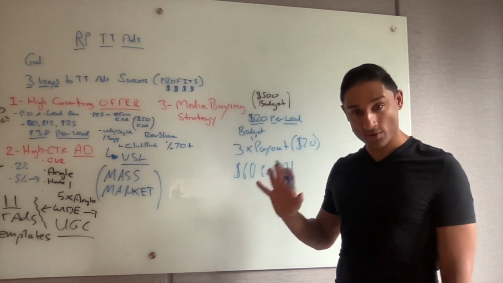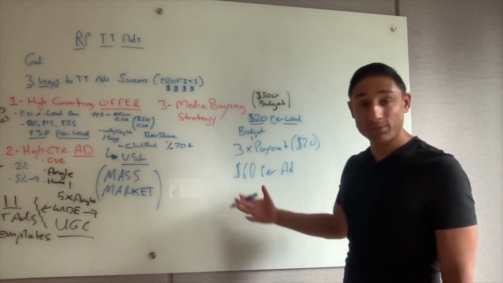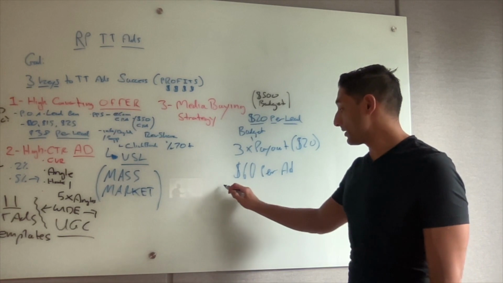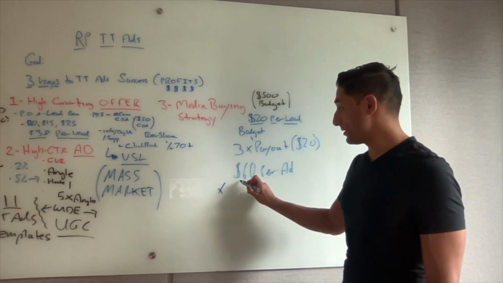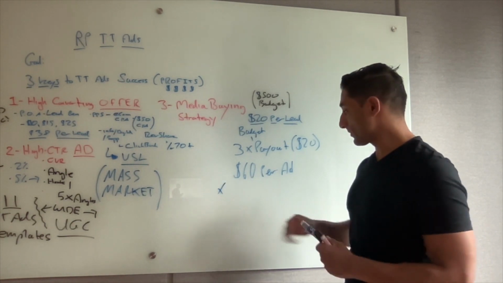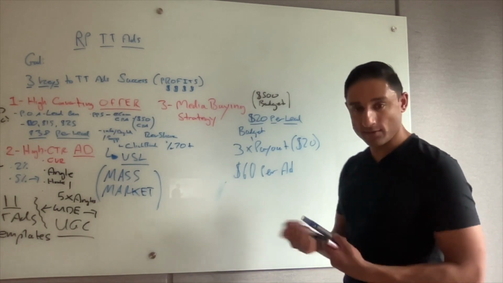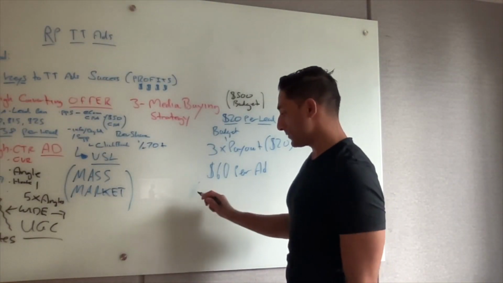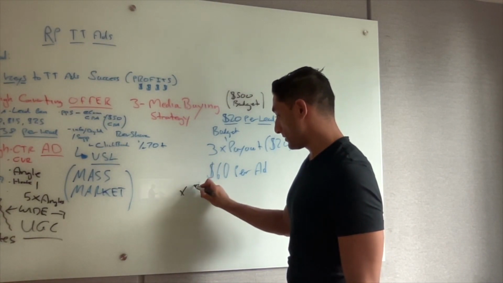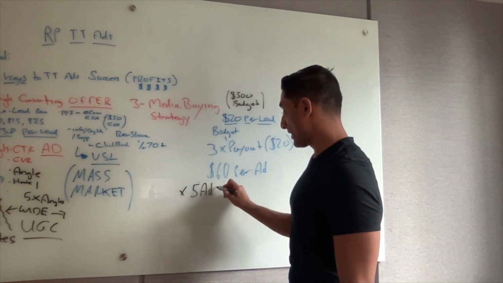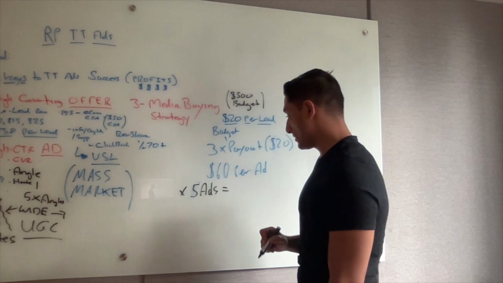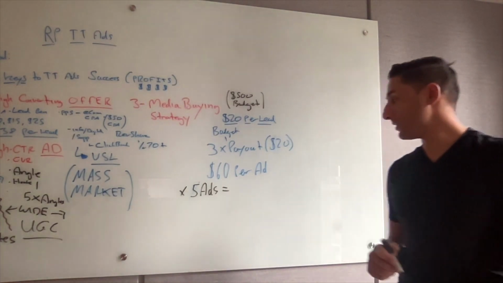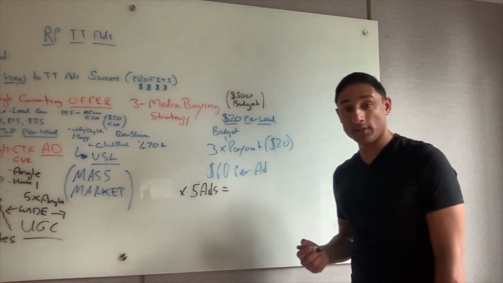We don't want to go too complicated here, but let's say we've got 5 ads, okay, times 5 ads equals, well, 6 times 5, 350, right?